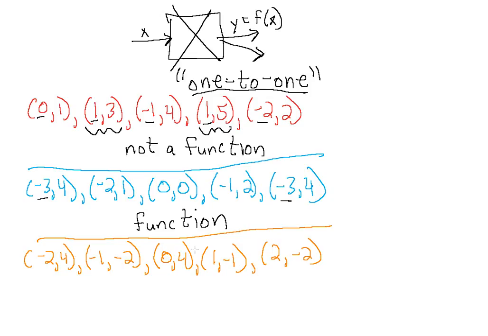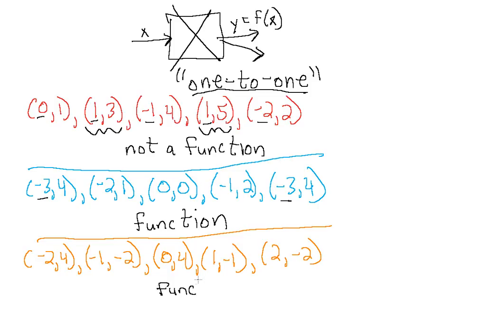Okay, so when we're given a relation that's described by a set of points, the first thing we want to identify is if we have any x values appearing twice. We have -2, -1, 0, 1, and 2. All of our x values are different, so we can say that this is indeed a function.